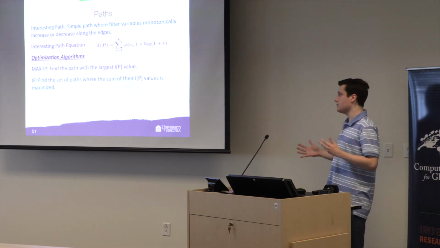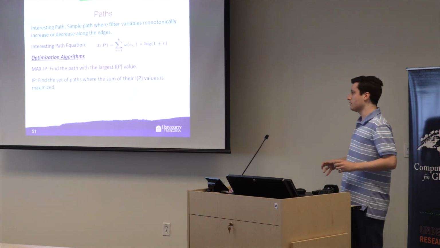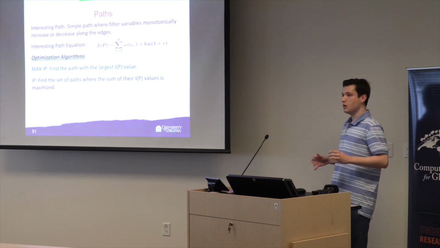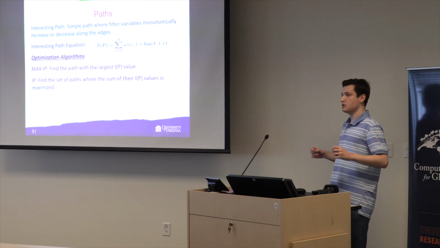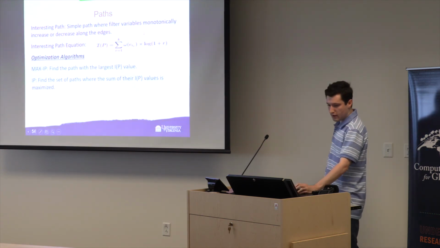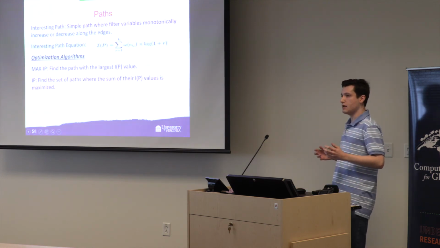One example is Max IP, which gets us the largest IP value for some path, and so gets us the most interesting path in our graph. Another optimization algorithm we can use is IP, which partitions most or all of the graph into a set of paths such that, if you add them up, it maximizes the sum of their IP values. Ultimately through this, we get the most interesting paths and branches.